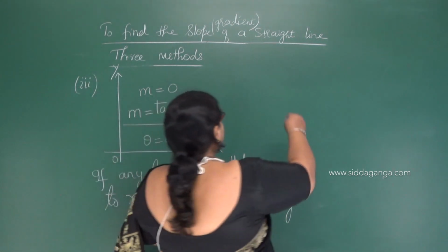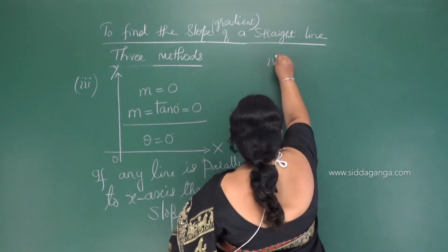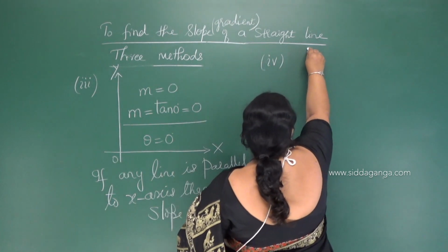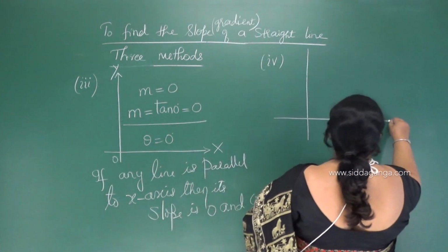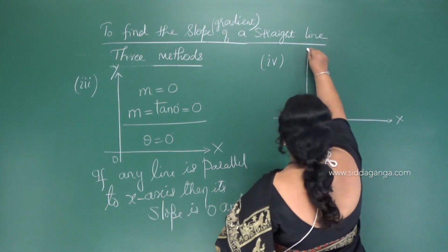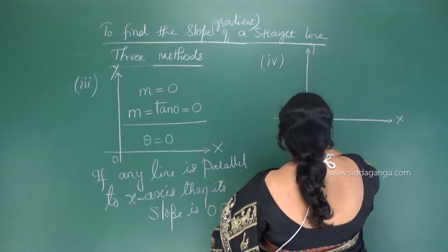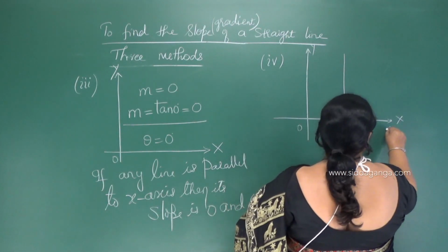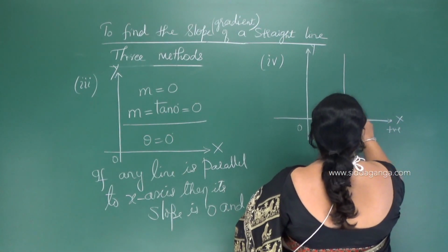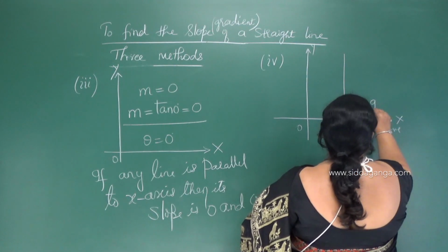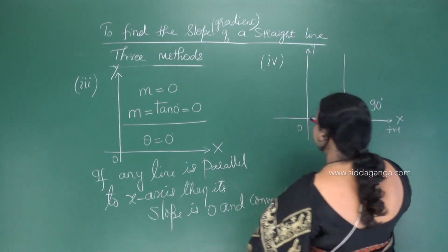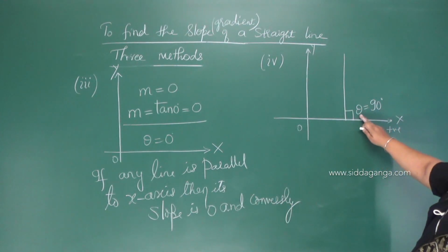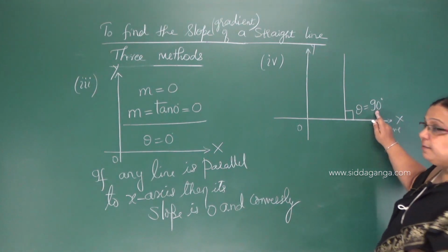So subdivision 4, if the inclination of the line, ನೋಡಿ, if a line is perpendicular to x-axis, x-axis ಗೆ perpendicular ಆಗಿದ್ರೆ we know that theta is taken as 90 degree. ಅವಾಗ theta 90 degree ಆಗುತ್ತೆ.